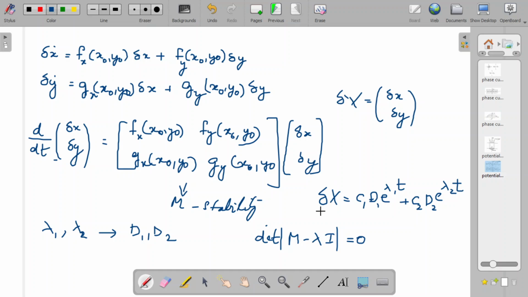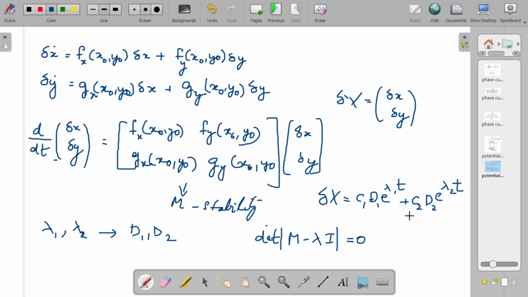So the solution is C1, which is a coefficient, into d1, and e raised to lambda 1 into t. And here you can see that this solution of X is actually an exponential function.